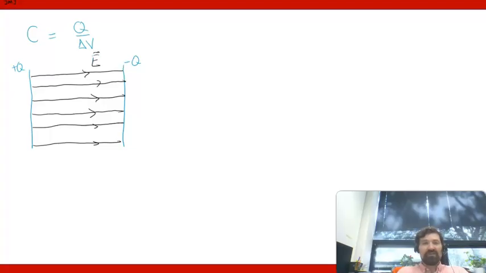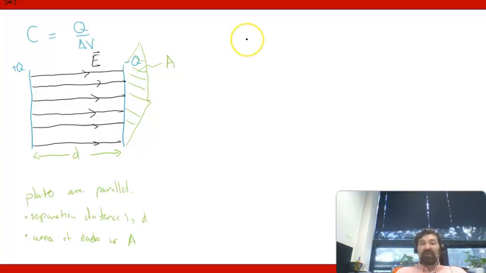We actually know from Gauss's law what the E field is, and therefore we know what the voltage drop is going to be. So let's label this. We'll say that there's distance d between the two plates, and each of these two plates has a plate area given as A. From Gauss's law we can get the electric field value.